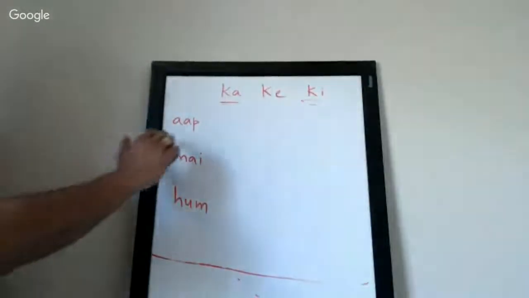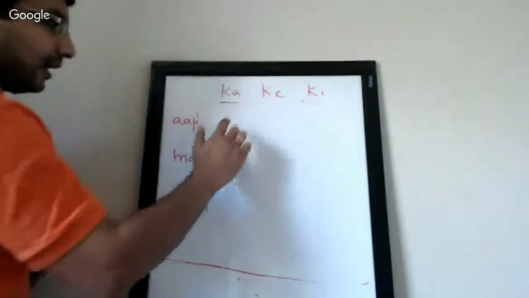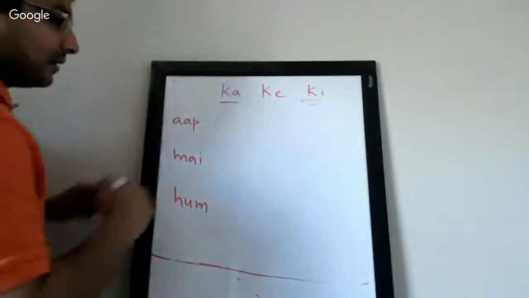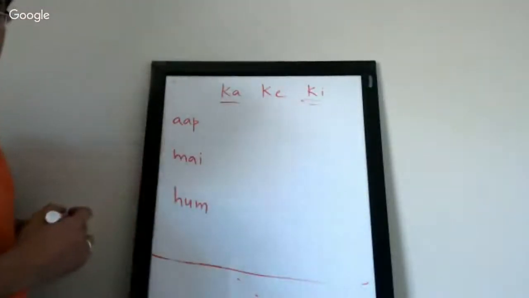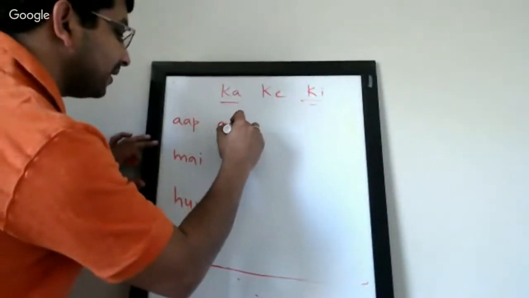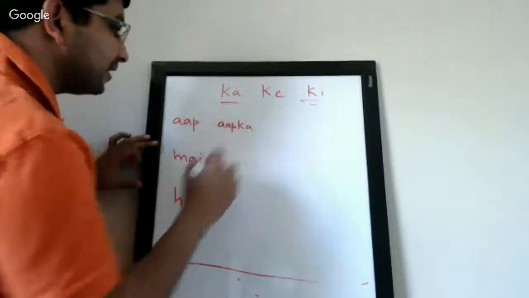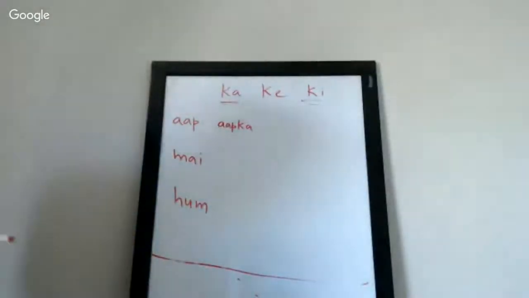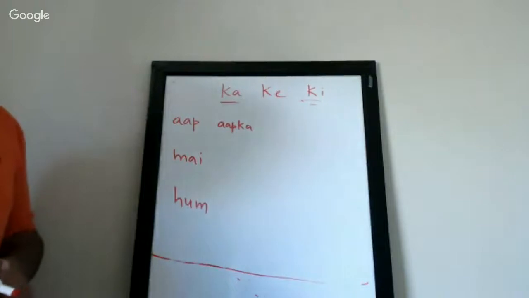When you use aap and ka, it will be... Aapka, very good. Do you want to give an example of aapka? Aapka naam, very good.